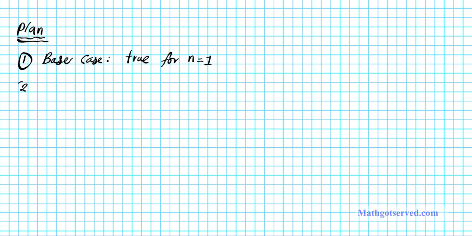And then for part 2, in our plan, we're going to do something called the inductive hypothesis. We're going to make an assumption that will basically be a basis for the next step. We're just going to assume that the statement is true for some arbitrary k.